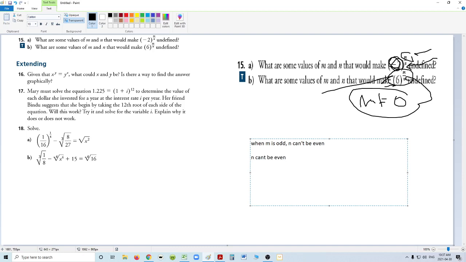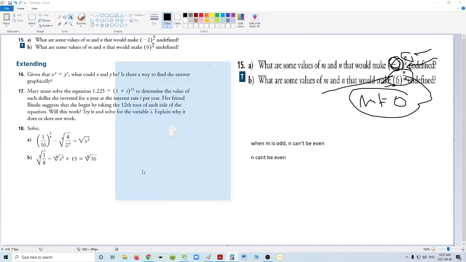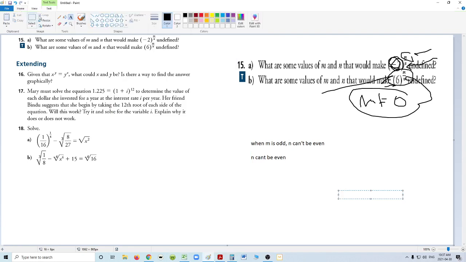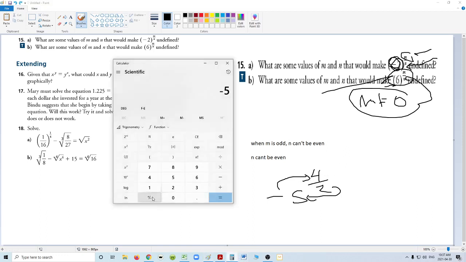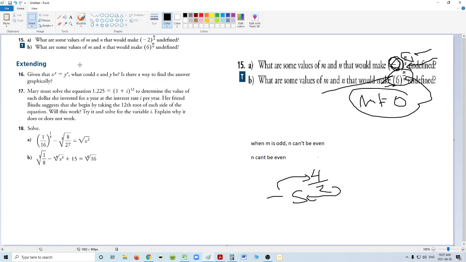But it's interesting. What will my calculator say? Because my question here is, if I take a negative number and I make it to the 4 over 2, I know I can't square root that 5, but does the power of 4 take over first? I mean, I know it's clearly minus 5 to the 2 here, but I'm just seeing what my calculator will say. So let's take minus 5 and put it to the 7 over 2.